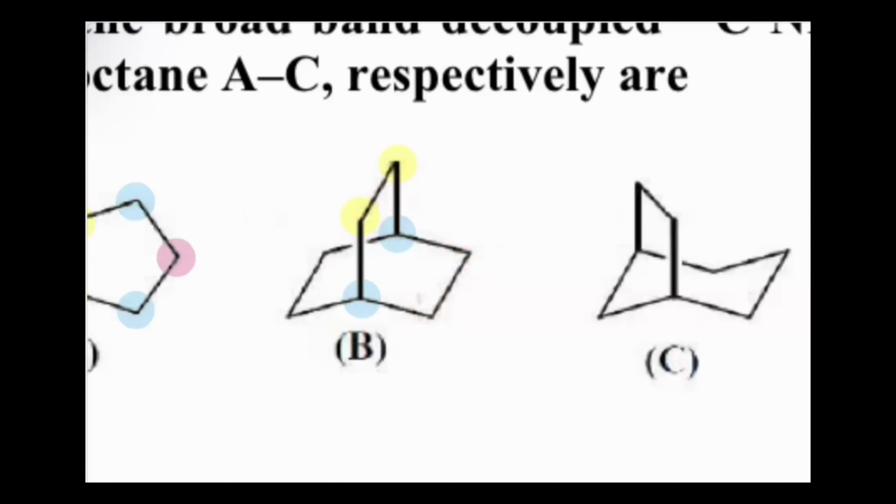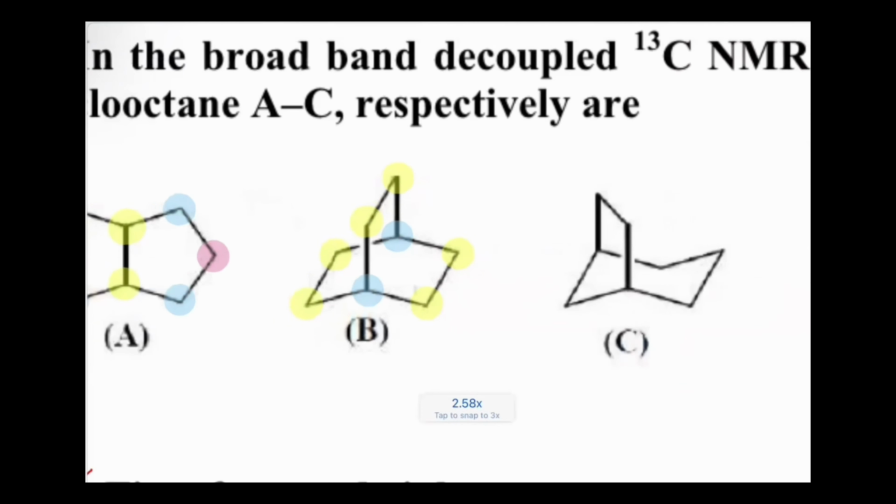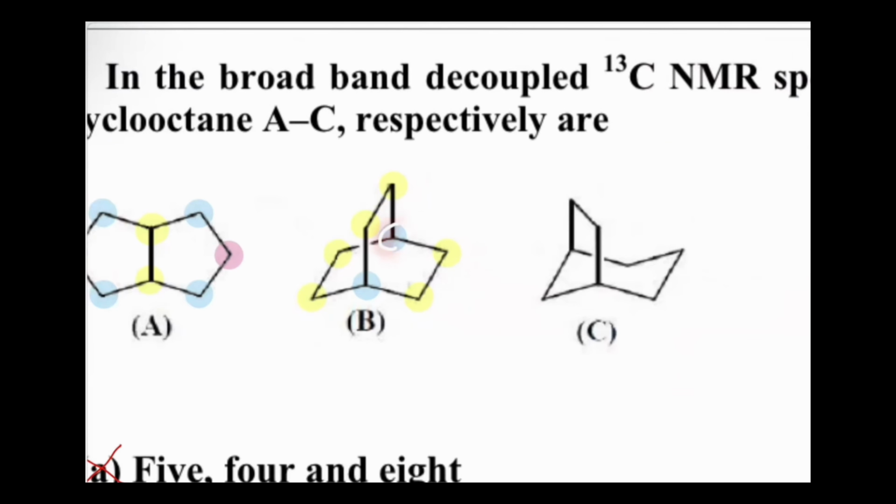That means this carbon corresponds to the same peak as these carbon atoms. And now these 2 carbons also have the same chemical environment as these 2 and these 2, so this will also correspond to the second peak. So totally from this molecule, we'll get the first peak corresponding to these 2 carbons and the second peak corresponding to these 6 carbons. Okay. So in total from this molecule, we'll get 2 peaks.